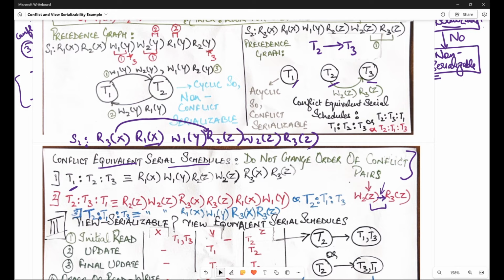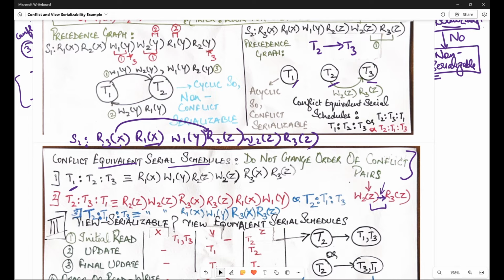Now an interesting thing over here is that one may think that read and write may cause a problem, right? This is R3, different transactions, and this is write. How can I move T3, which is a read operation, to the end and T2 before it? This looks like a read write conflict, but no, it is not a conflict.